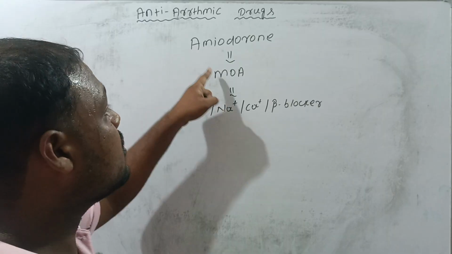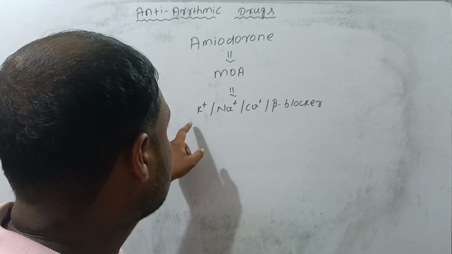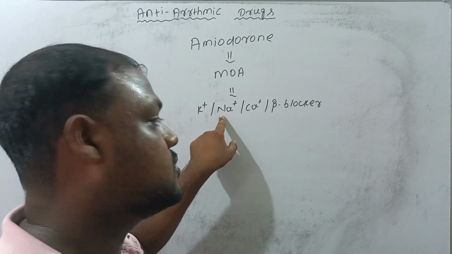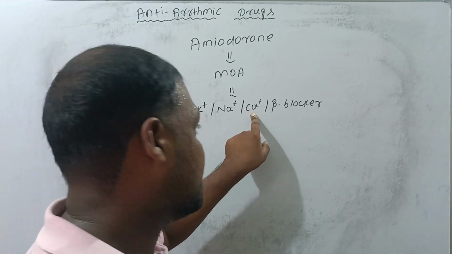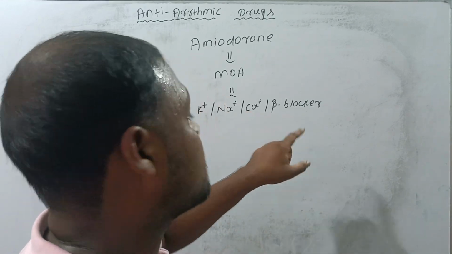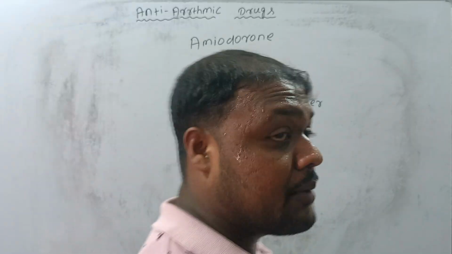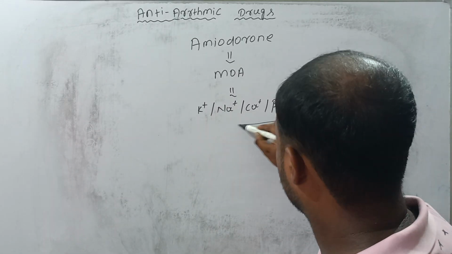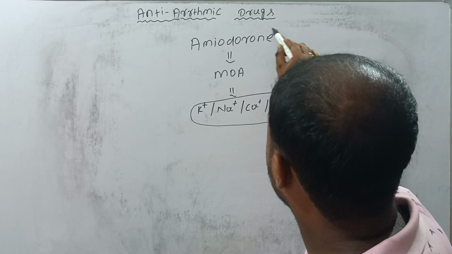K plus means potassium, Na plus means sodium, Ca means calcium, and the beta blocker. Amiodarone acts as a potassium, sodium, calcium and beta blocker.